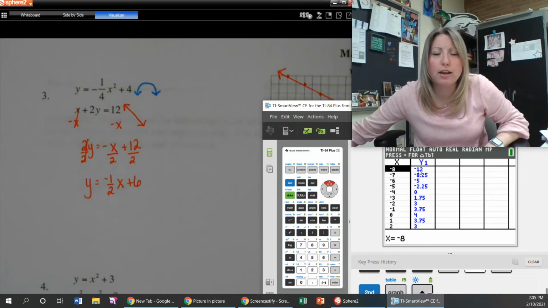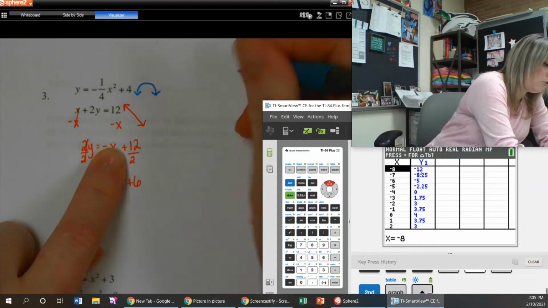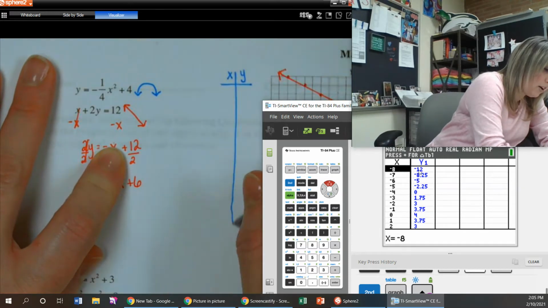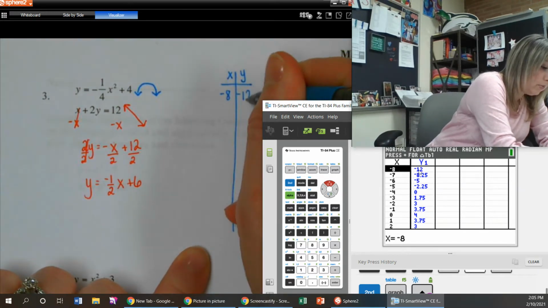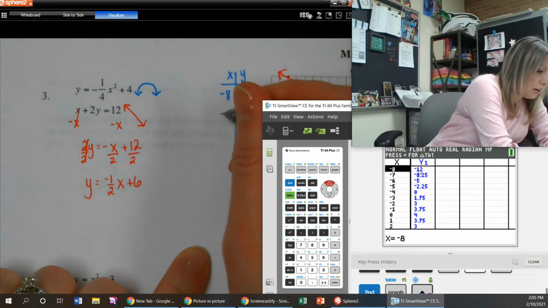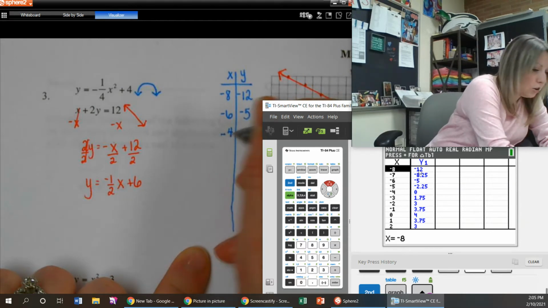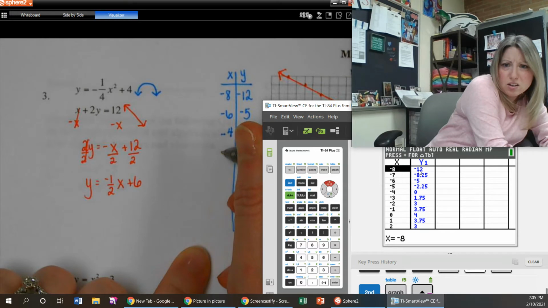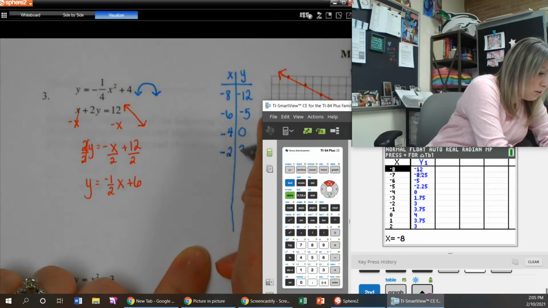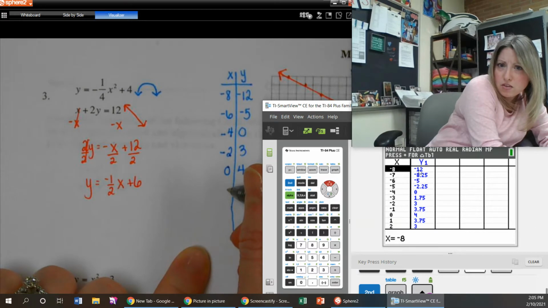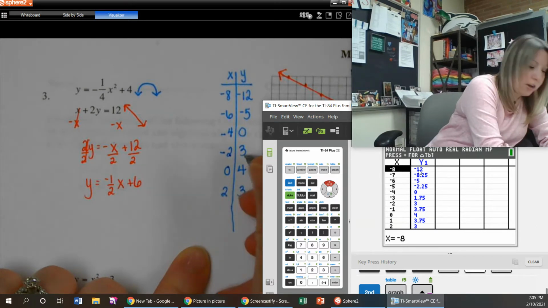I'm going to write negative 8, negative 12, and do a little estimate of where that is on the bottom there. And then I've got negative 6, negative 5, negative 4, 0, negative 2, 3, 0, 4. That's what I said I think the vertex is, right? And then 2, 3. Yeah, that makes sense because now I'm heading back down the other direction.